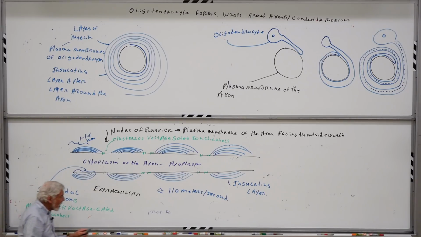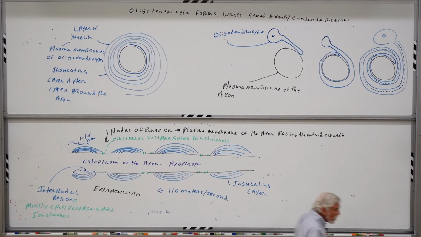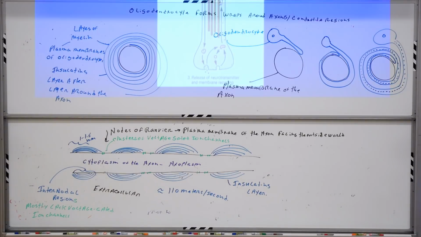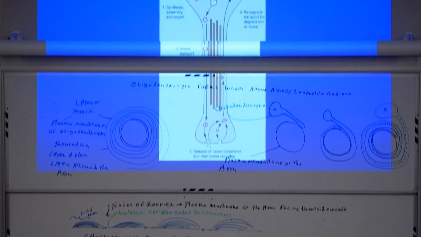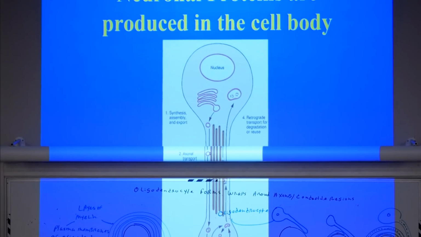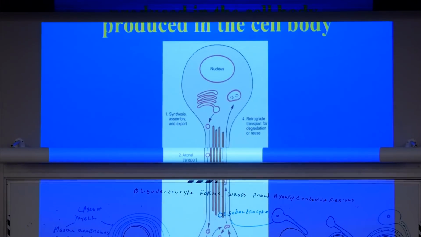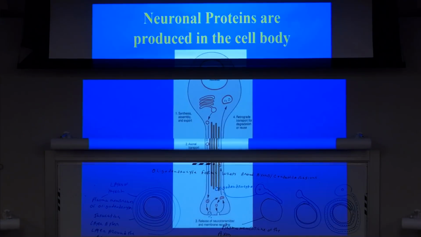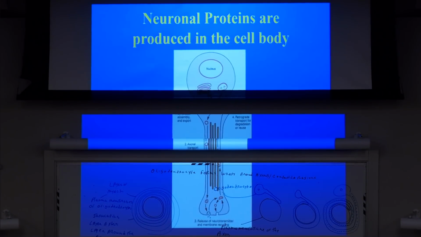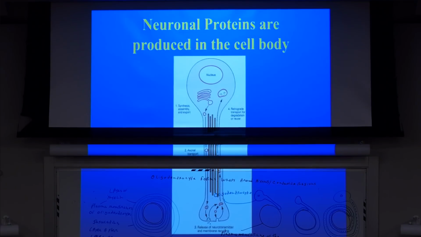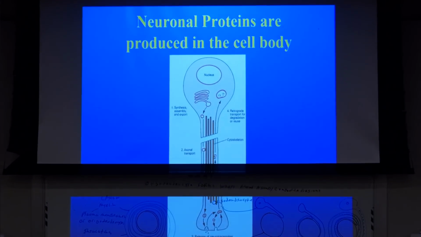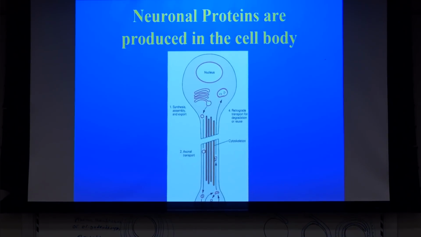If not, let me take a couple of minutes and show you just a couple of slides quickly. The first slide is to summarize the axoplasmic transport story, the idea that we have fast and slow axoplasmic transport, and that the fast transport is all carried on vesicles on microtubules.